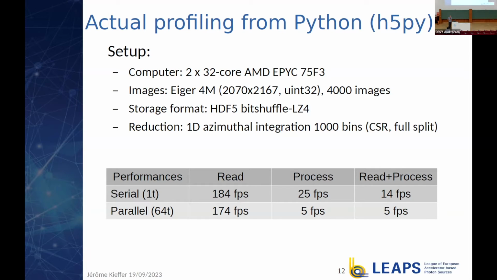Either you use one core, 1/64th of a computer, and you get 5 times faster than using the complete computer. And I guarantee you the complete computer was busy doing things, but not efficiently. So multi-threading might look nice, but it's not the ultimate solution because you can get worse performances than just doing serial code.